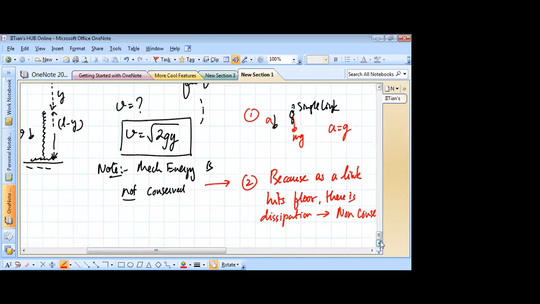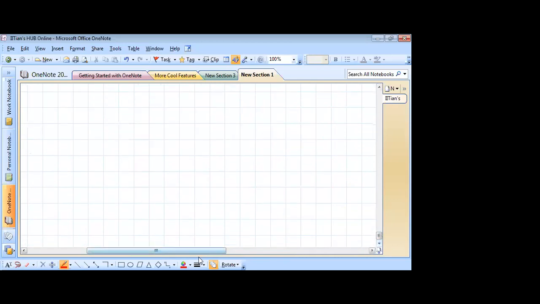Okay. Now to understand the normal reaction, what you have to understand is that if you think of the part, this is the section y on the floor. So this is a variable mass system. Okay.